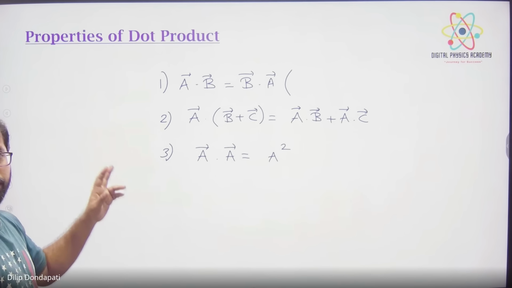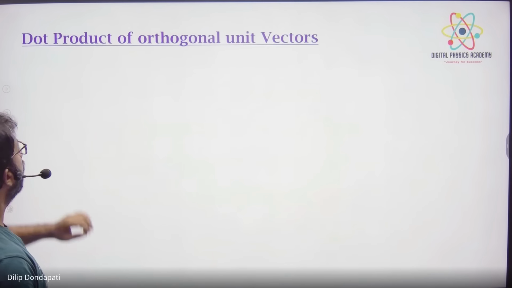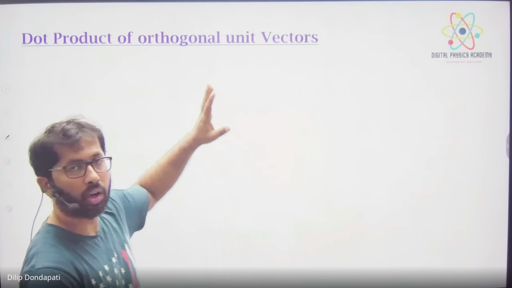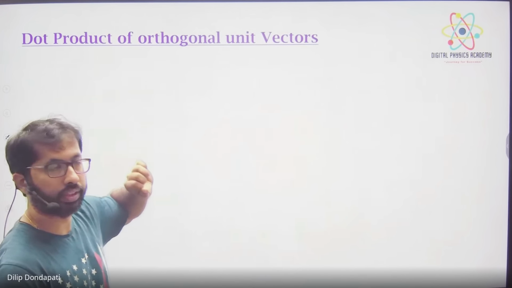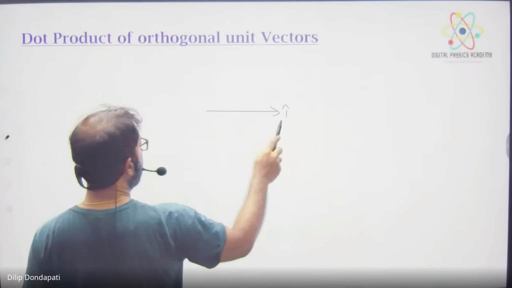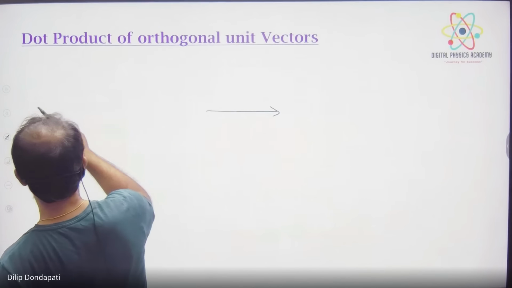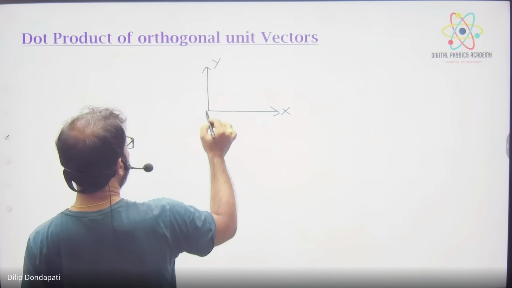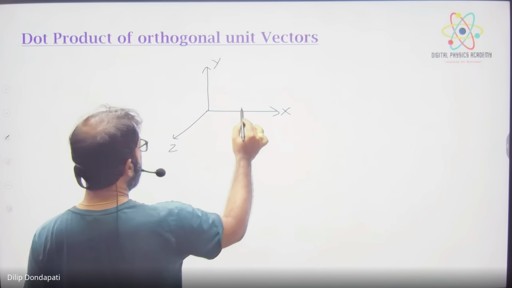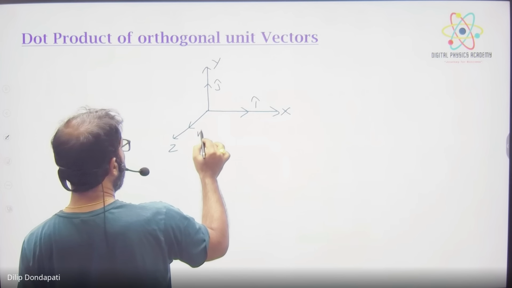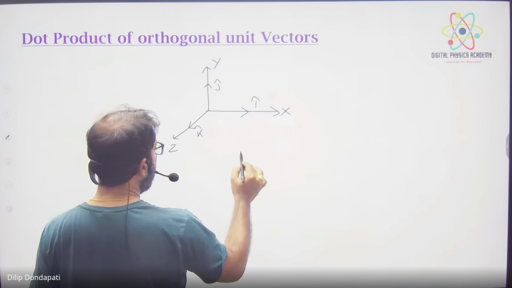Done? Yes. Next, dot product of orthogonal unit vectors. I told you orthogonal means perpendicular unit vectors. So मतलब you have I cap in x direction, j cap in y direction, k cap in z direction. But tell me I dot j.